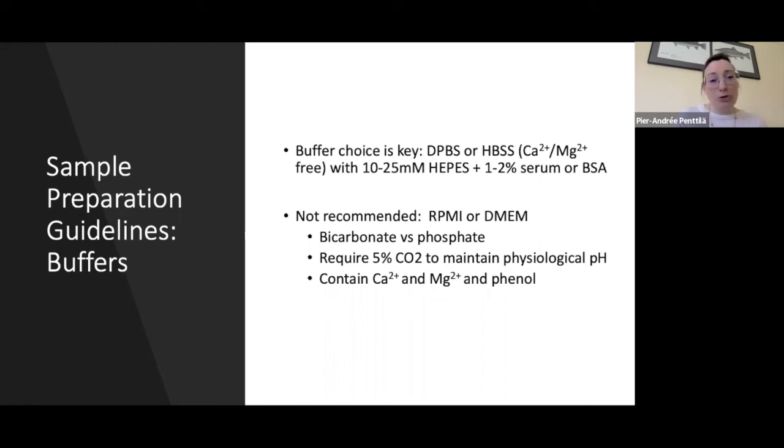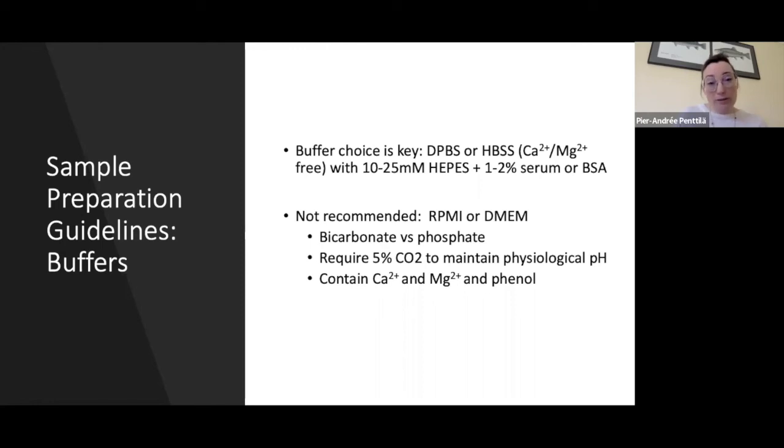So the buffer choice is really key. And what we recommend is just DPBS or HBSS, calcium magnesium free, with anywhere from 10 to 25 millimolar HEPES and a little bit of serum or BSA.